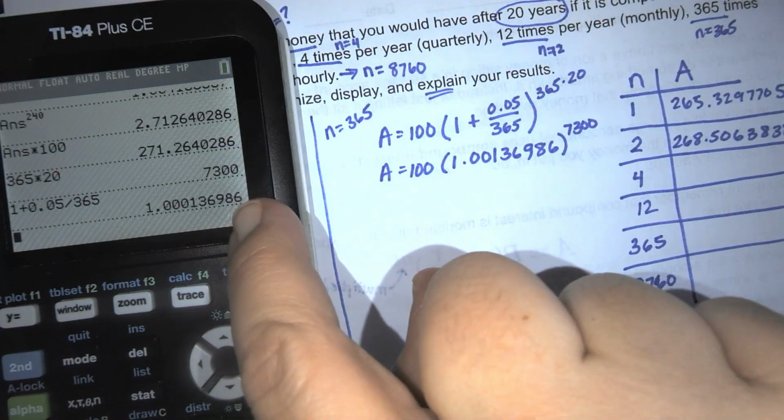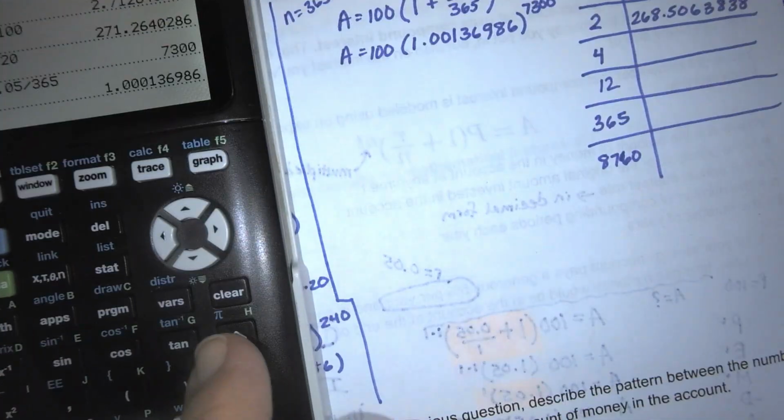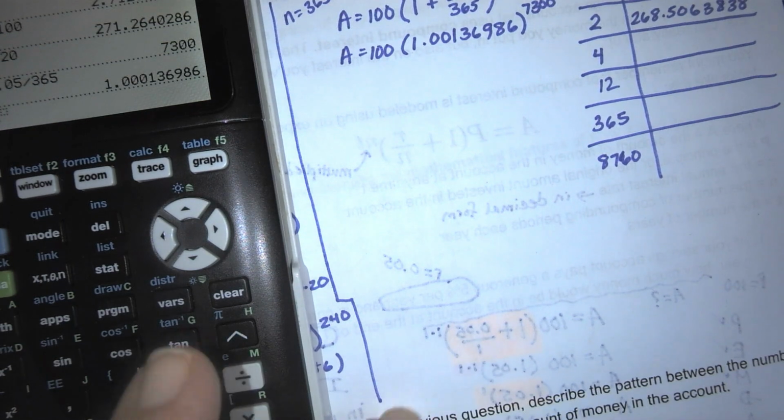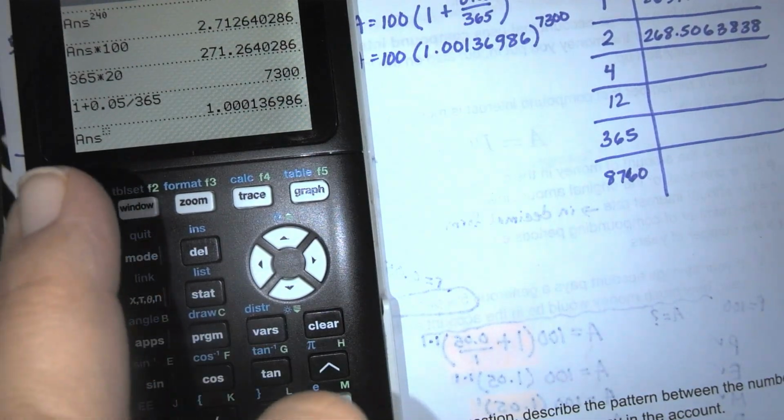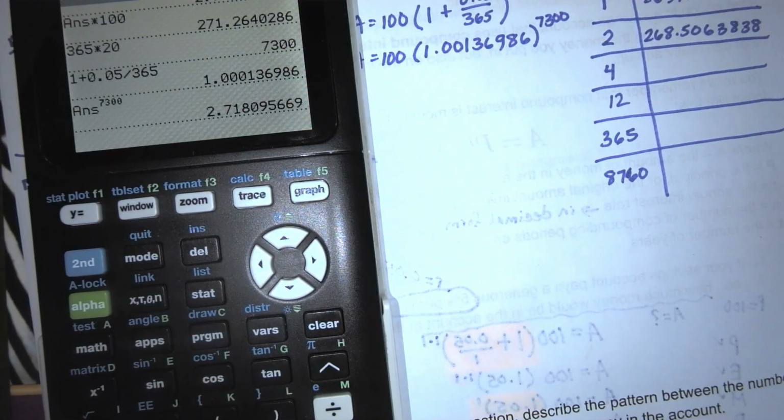If you have that as your last answer in your calculator and you just hit the power button, this little caret button right here, it will take your previous answer and raise it to a power, and you can just type 7300 without having to type all of that back in. So there's a quick shortcut also, so you don't have to always type in every single digit. So go ahead and pause, finish this up, and then go ahead and do your n equals 8,760 and check back.